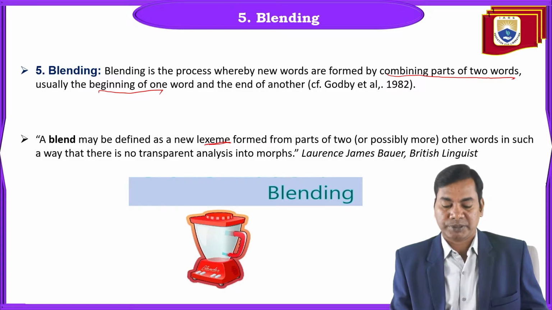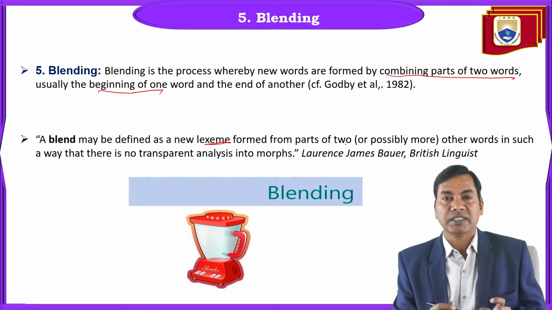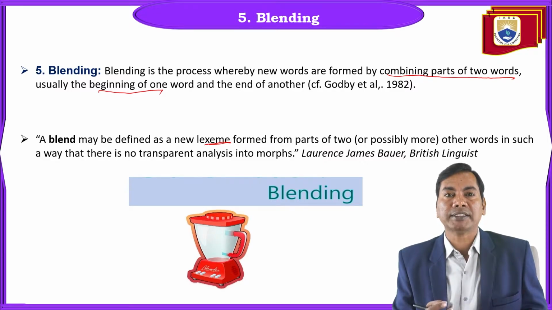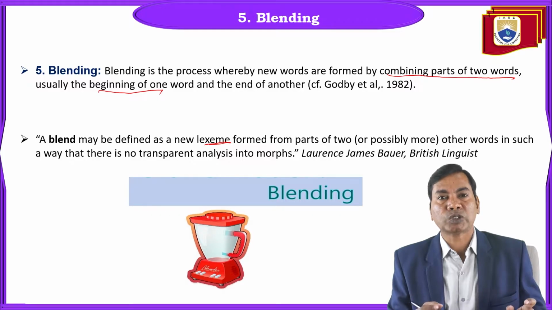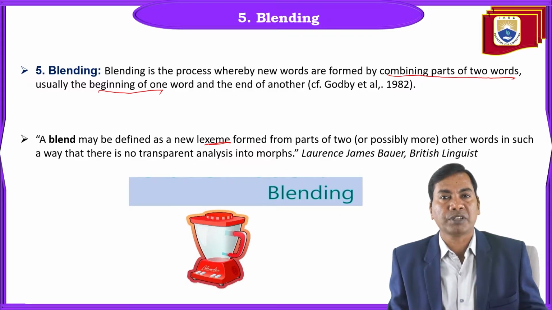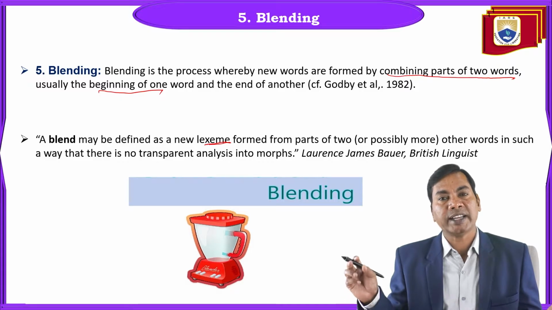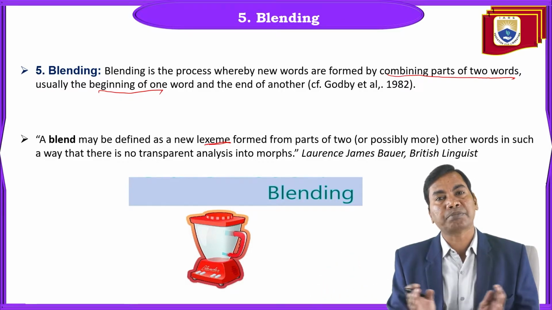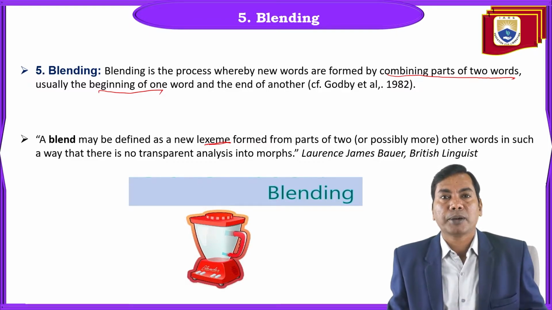So blending is a way of forming new words by taking two words, taking the initial part of one word and joining that with the ending part of another word. So the initial part of one word and the ending part of another word will be clubbed to create a new word. That is what is called blending.